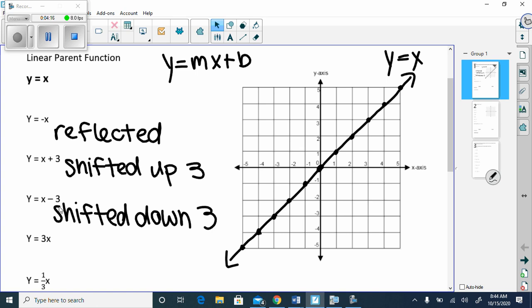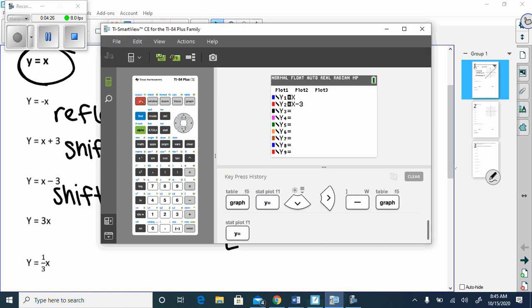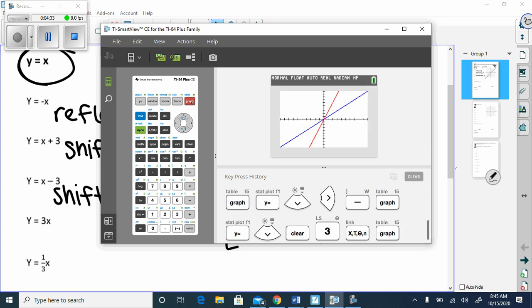Alright, the next equation is 3x. So remember, we're comparing all of these to the parent, right? So I'm going to go in my calculator, and I'm going to change that second equation to 3x so we can compare. So what do we notice about the red one?